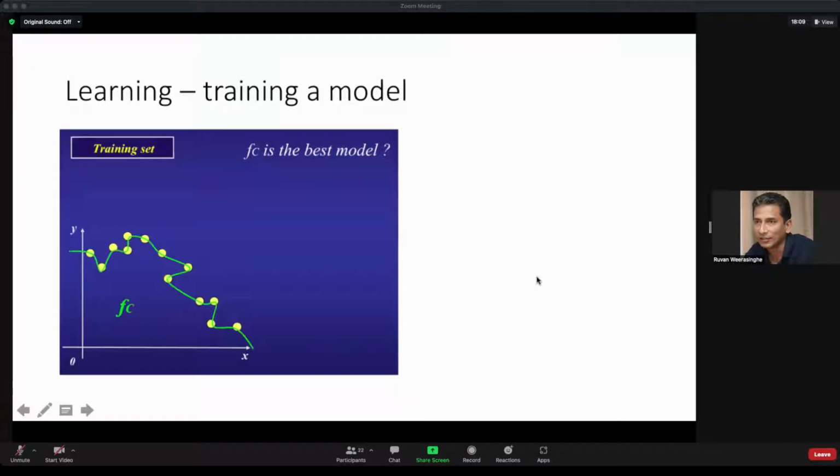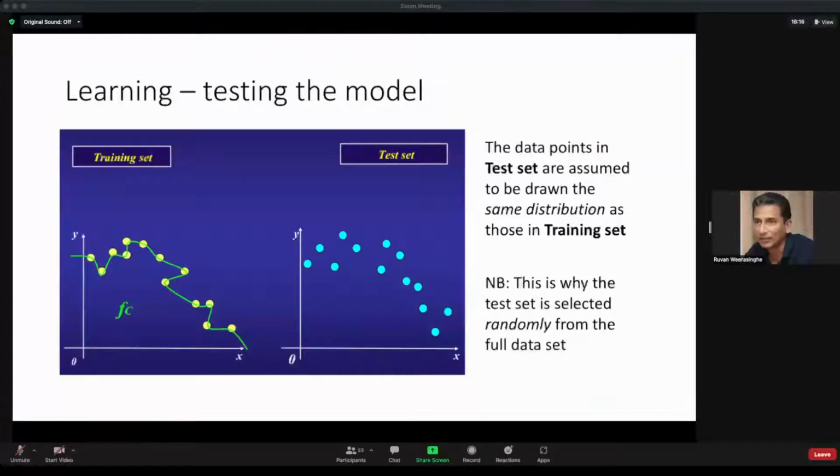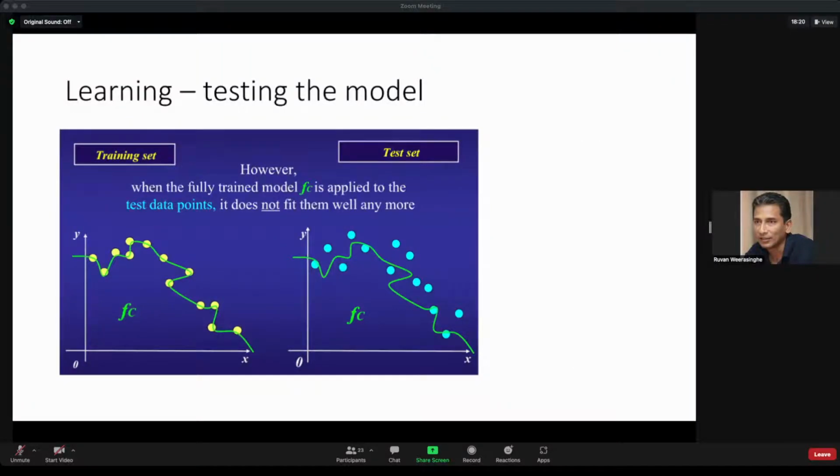right? And the big problem is, though model C looks the best, when you take some test data, you see that there is a huge error, right? That's why we use the test set. When the test set comes, it's giving a big error. This is typically called overtraining or overfitting, right?